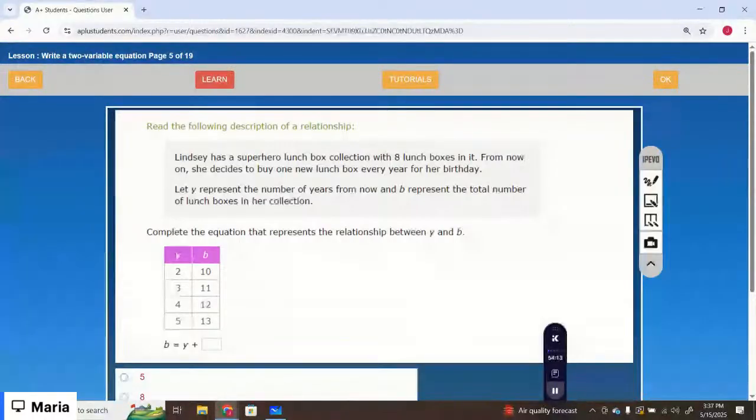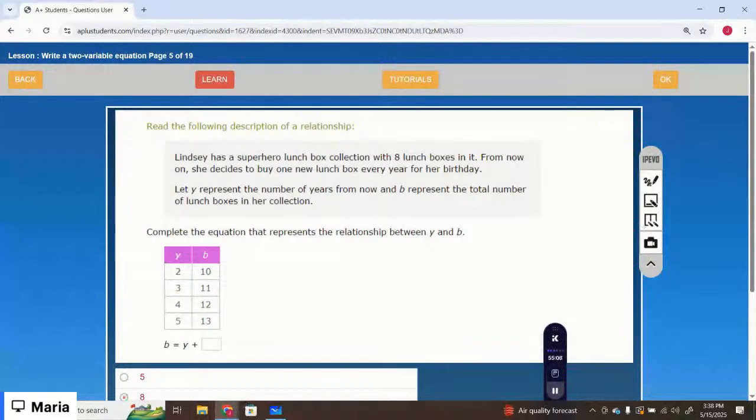Complete the equation that represents the relationship between Y and B. That is Y plus 8.